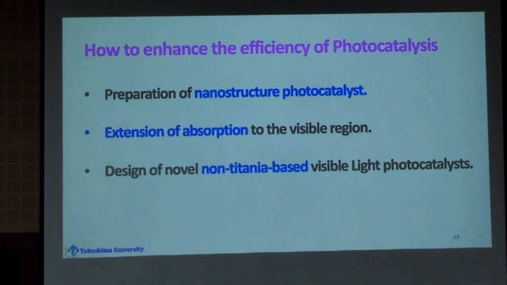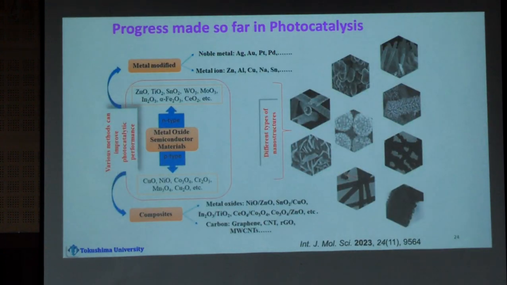That's why replacement for the titanium is going on. Like solar cell. Till today we are using silicon, but people are started to find alternative to silicon, low cost material. So this is the progress made in the field of photocatalysis so far.